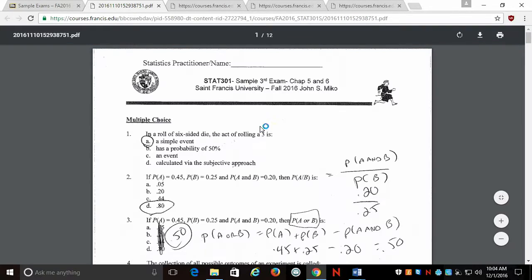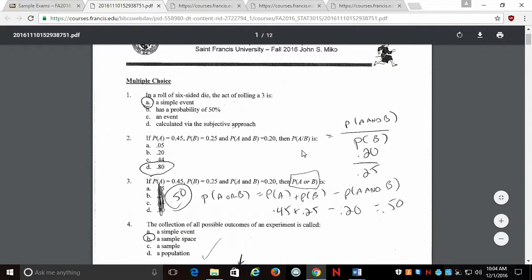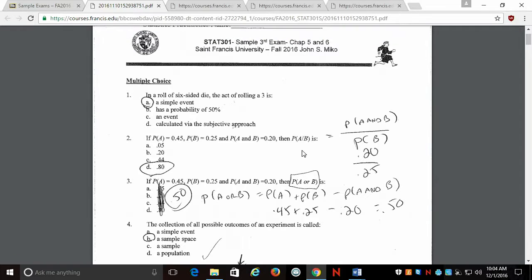Sample exam 3 with answers. So this was the probability one we just did not so long ago. We talk about probability. We talk about a random experiment, and we put the outcomes in something called a sample space.